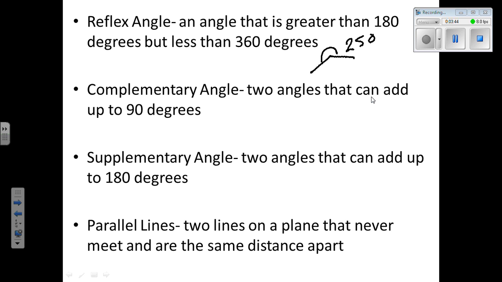And then we have complementary angles, two angles that add up to 90 degrees. Then you have supplementary angles, two angles that add up to 180 degrees.